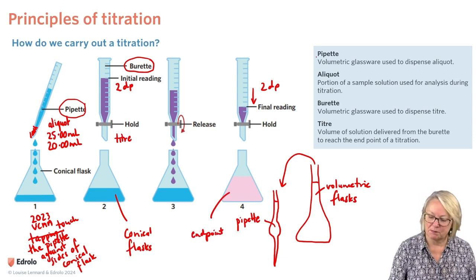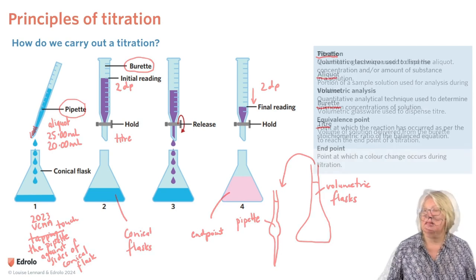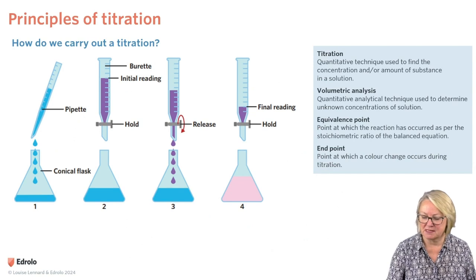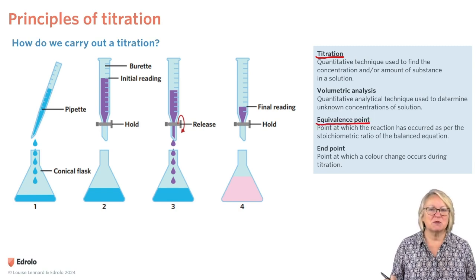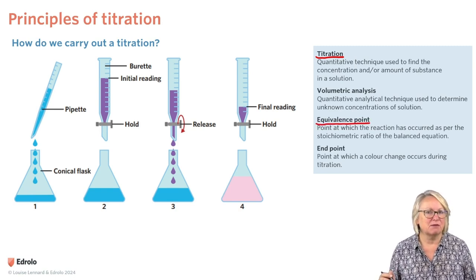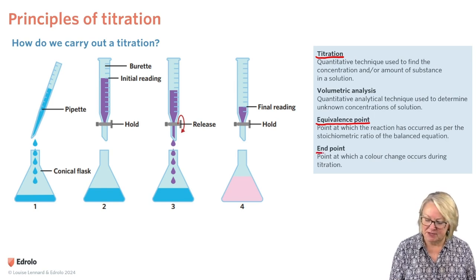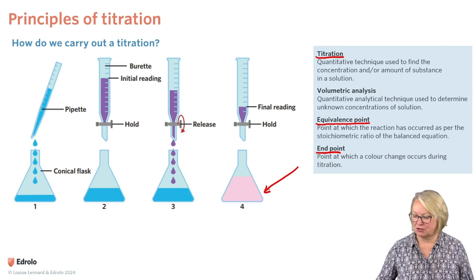So we've talked about the pipette, the aliquot, the burette, and the titer. The other keywords in this are the titration itself, which is the volumetric analysis. The equivalence point is when the molar ratio of the reactants is completely balanced, whereas the end point is the point that's observed when the colour change occurs.